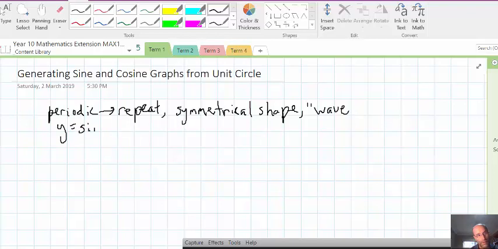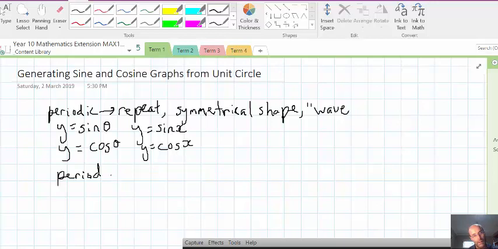This applies to y equals sine theta and y equals cos theta. Sometimes y equals sine theta is known as y equals sine x, and y equals cos theta can be called y equals cos x. Tan is different. We're going to do tan some other time.